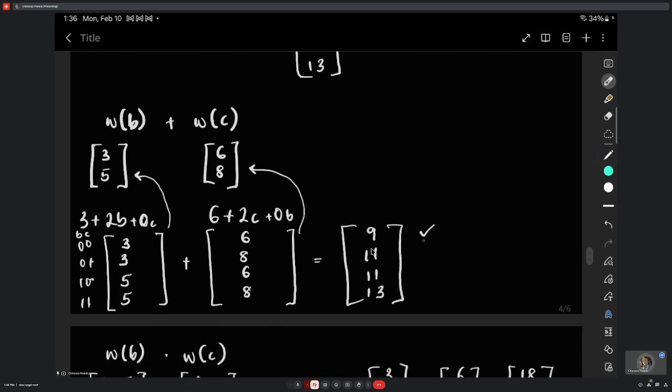So when we add them, we get this, and you can think of it as w_{i+1} of b, c. Makes sense, right?